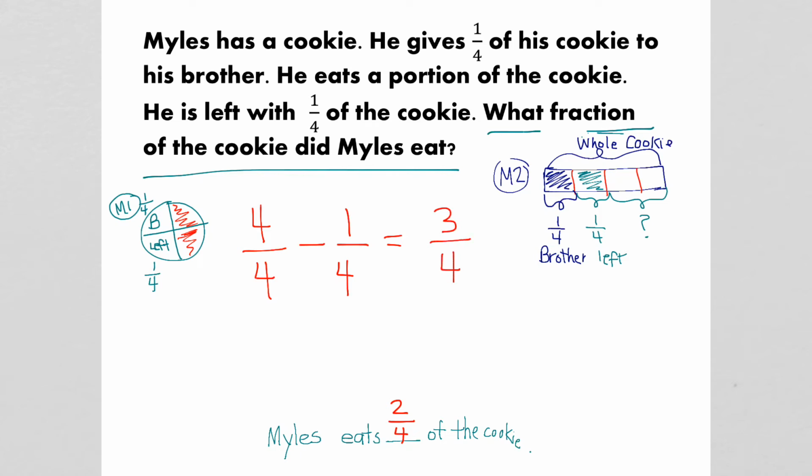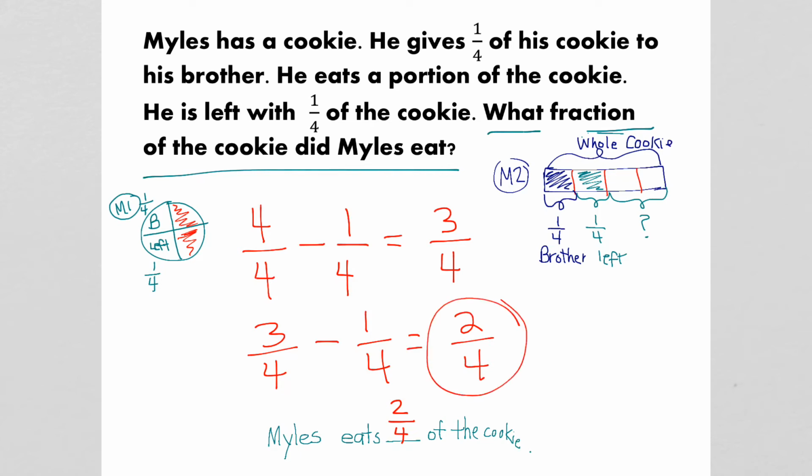Then you can do the 3/4, and you can take away the 1/4 because the 1/4 represents what he has left, and then you're left with 2/4, which is the answer. So that's one way you can show it.